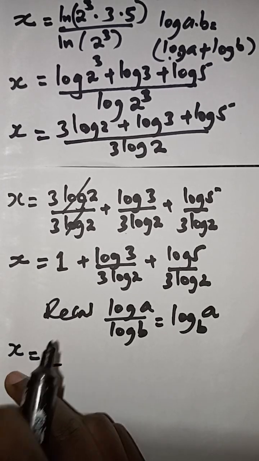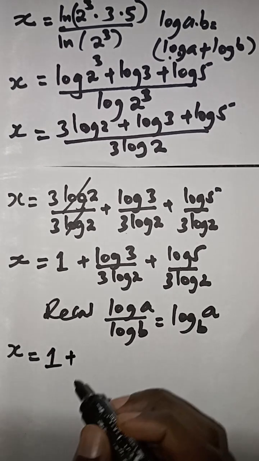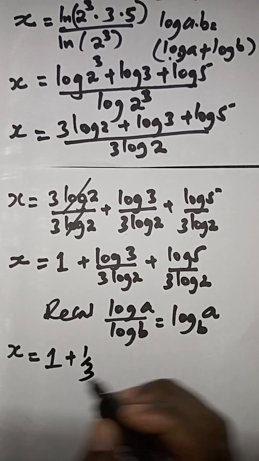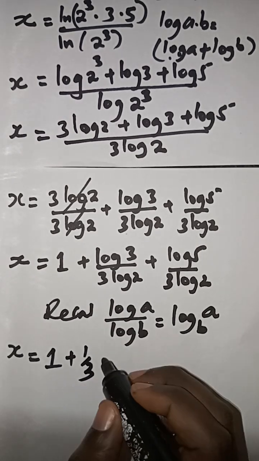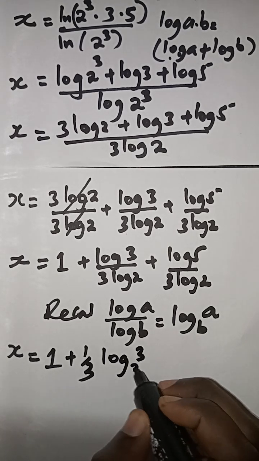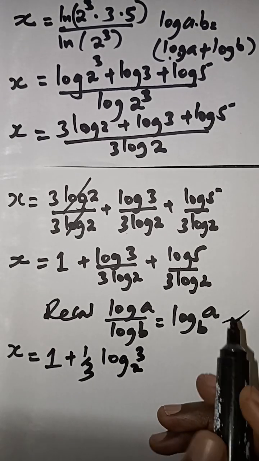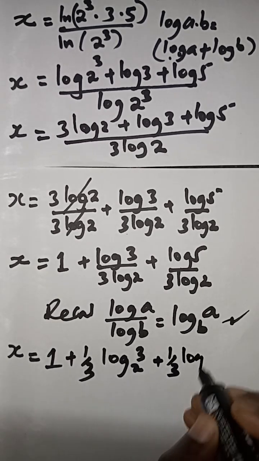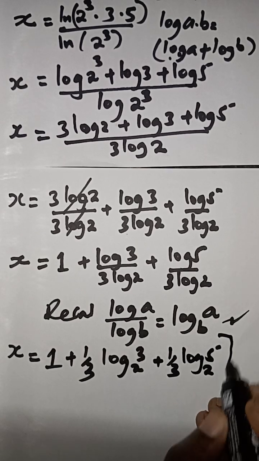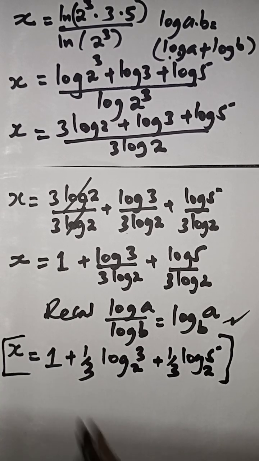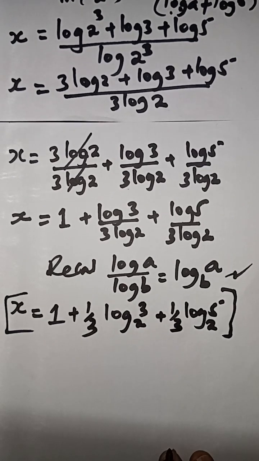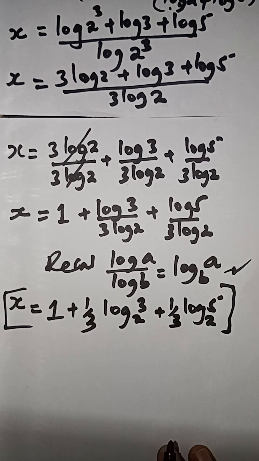So our equation now becomes x is equal to 1, I'll write this as a third, since it is down, times log of 3 base 2 using this approach, plus again a third times log of 5 base 2, and that gives me the final value of x, which was required for our equation.